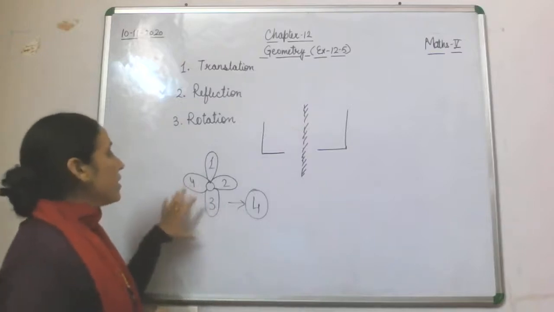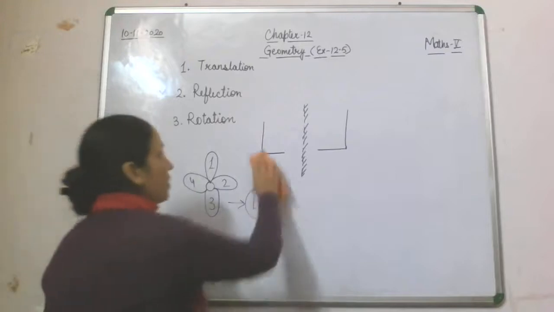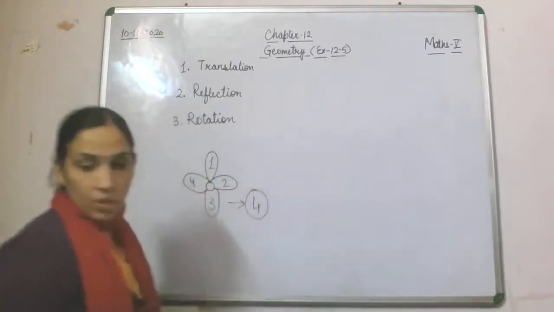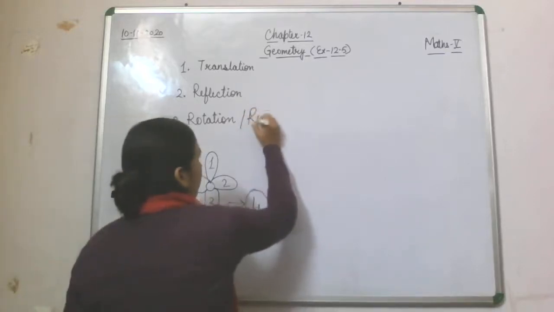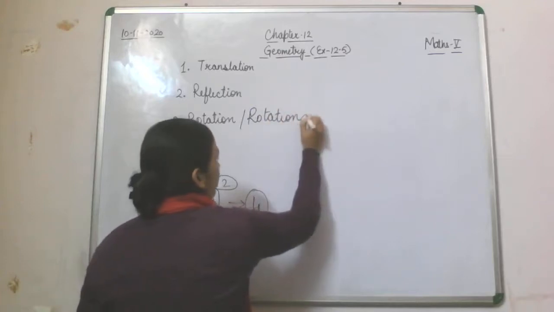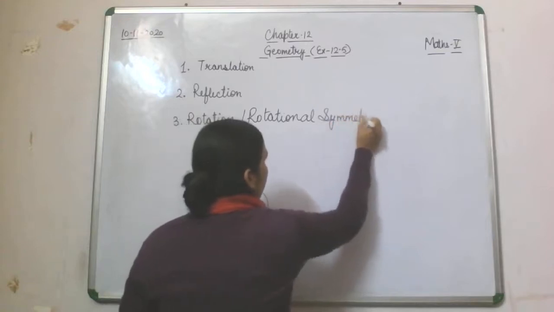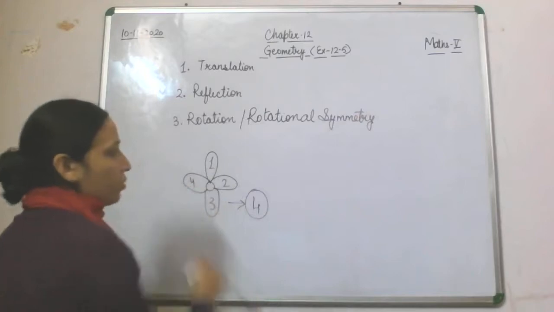See, this is your original figure. Understand this. I have taken rotation, and along with that we are going to do rotational symmetry. See, here we are going to understand from 1, 2, 3 and 4.